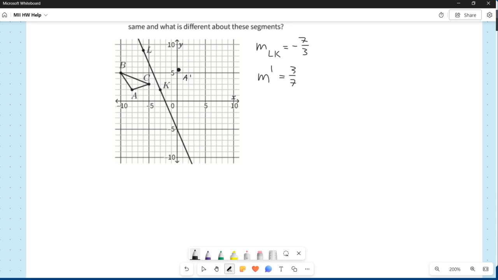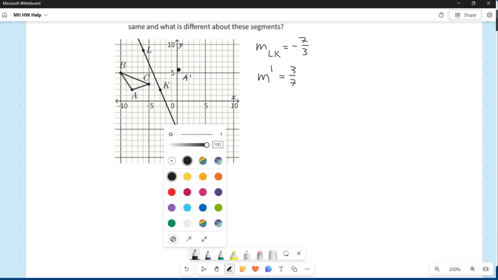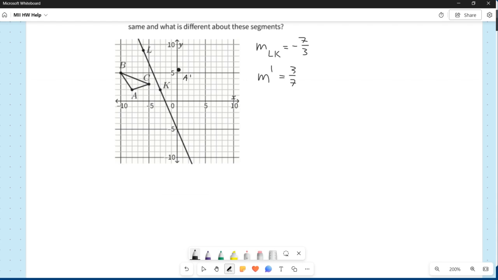Okay. We're going to do the same thing for B. For B, remember, we want a line from B that has a slope of 3/7. So from B, we're going to go over 1, 2, 3, 4, 5, 6, 7, and up 3.